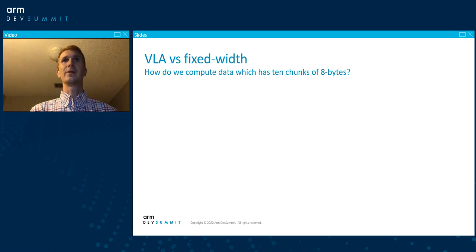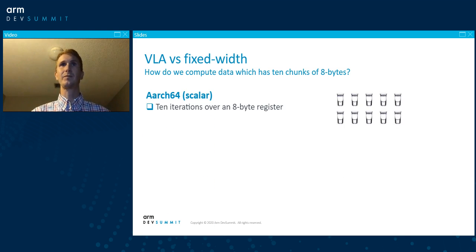So for example, the easiest way I think to see vector length agnosticism is to do a mental experiment. Imagine you needed to compute data which has 10 chunks of 8 bytes. With a scalar architecture, you would have one loop which iterates over an 8-byte register for 10 iterations. So this is 10 little shot glasses of data.